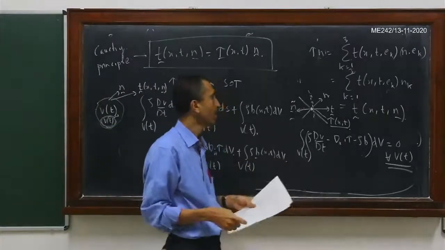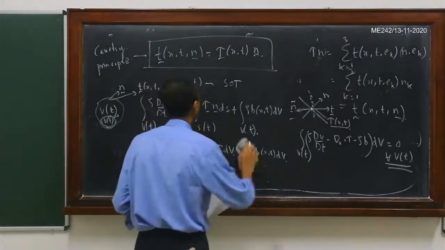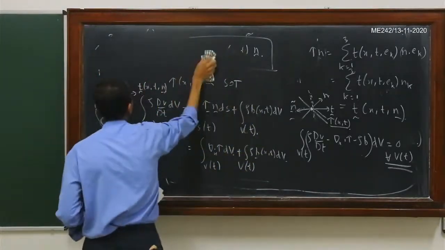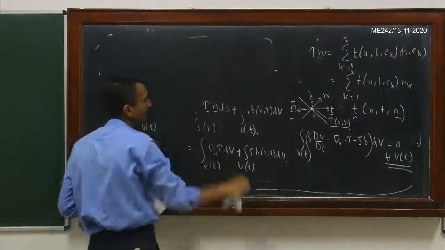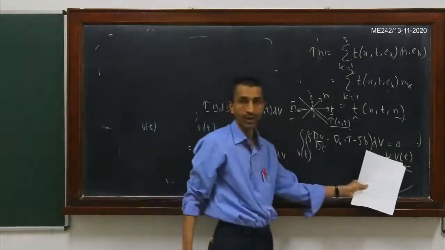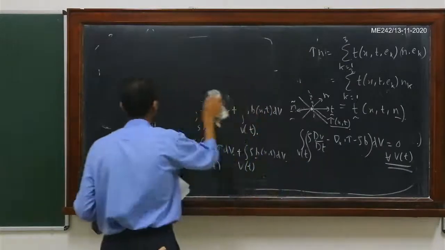And now we can use localization, which I covered at the end of the first chapter. By the localization theorem, if the integral is 0 for all V(t), then the integrand is also 0. Let us just write that here.